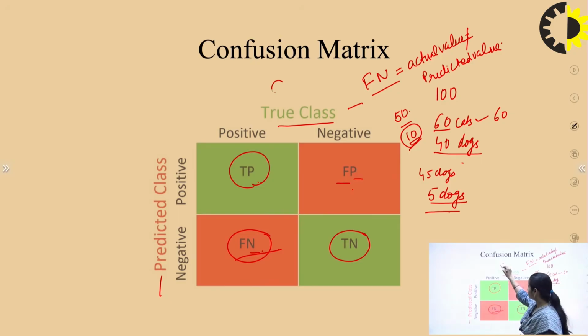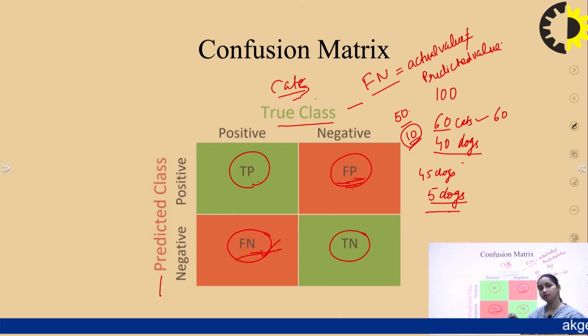Like if there is not the image of a cat and the classifier is also saying that the cat is not there, then it is false negative, right? So in such conditions, false positive, because it is saying that there is a cat but the cat is not present there, or it can be the condition that the cat is present but the classifier is identifying that the cat is not present.